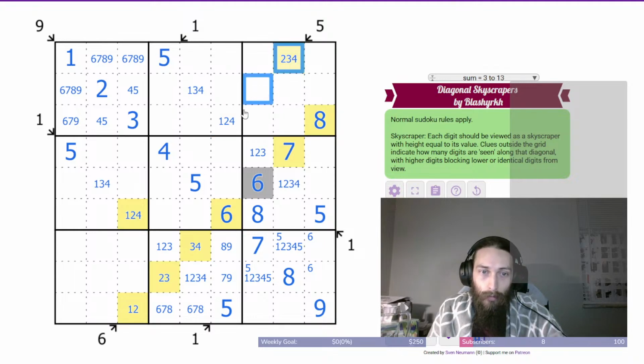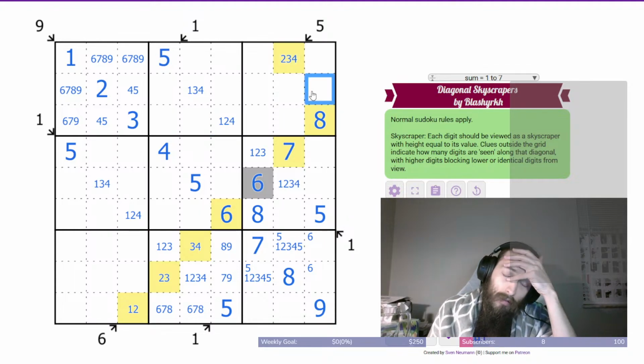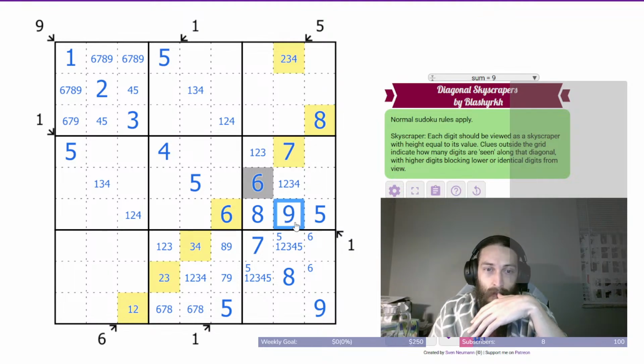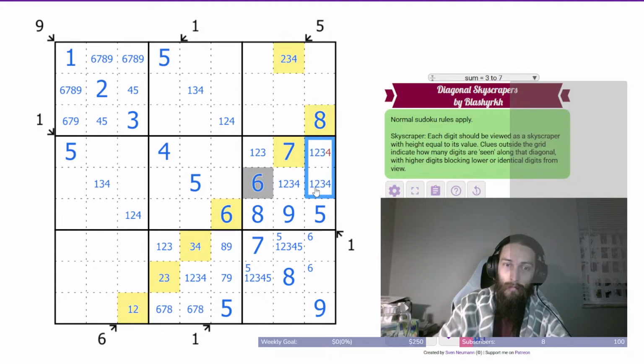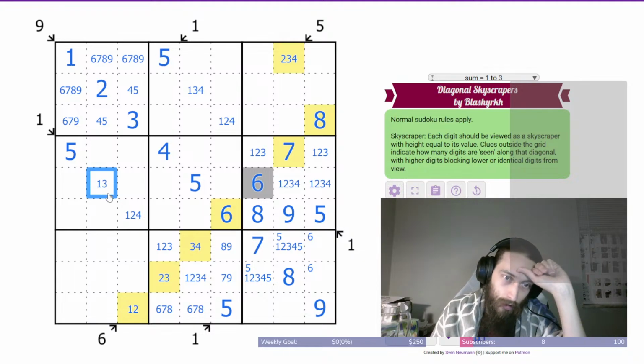But this could be 2, 3, 4, and then I haven't gotten 9 anywhere. It can be placed in box 6. We've got 4 in one of these two because of that, which takes a 4 out of here.